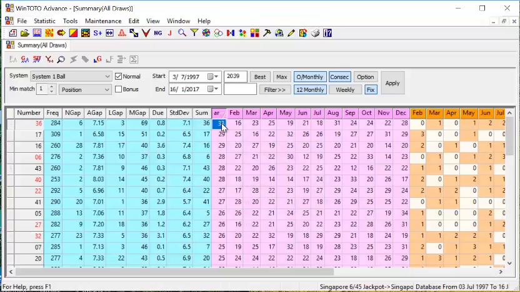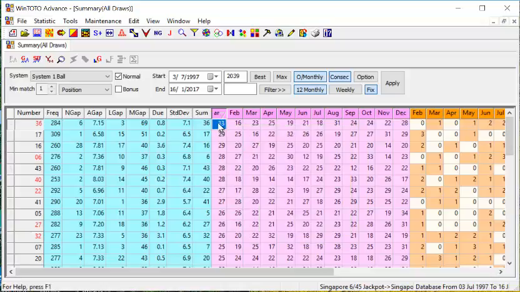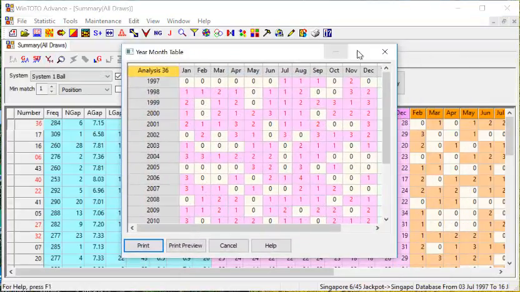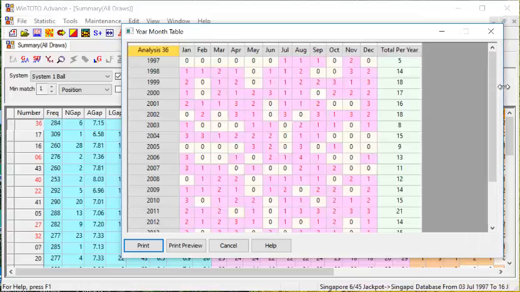Number 36 has got 33 frequency. 什么意思呢？它时常开在1月份的意思是什么呢？ Okay, let's take a look at this one. I highlight here and click on this thing called the year month table. Can you see that? Let me share this in more detail with you so that it gives you a very good understanding of what we are talking about.